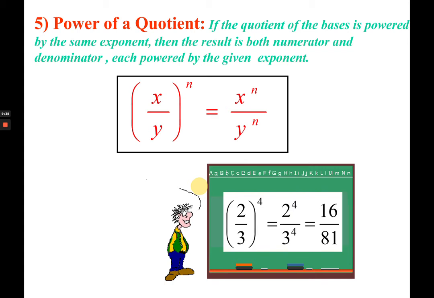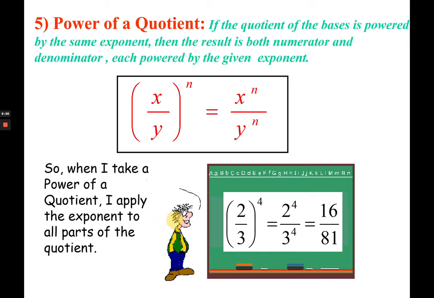You have 2/3 to the power of 4, each receives 4, and then you simplify further. 2 to the power of 4 is 16, 3 to the power of 4 is 81. So when you take the power of a quotient, you apply the exponent to all parts of the fraction, each gets its exponent.